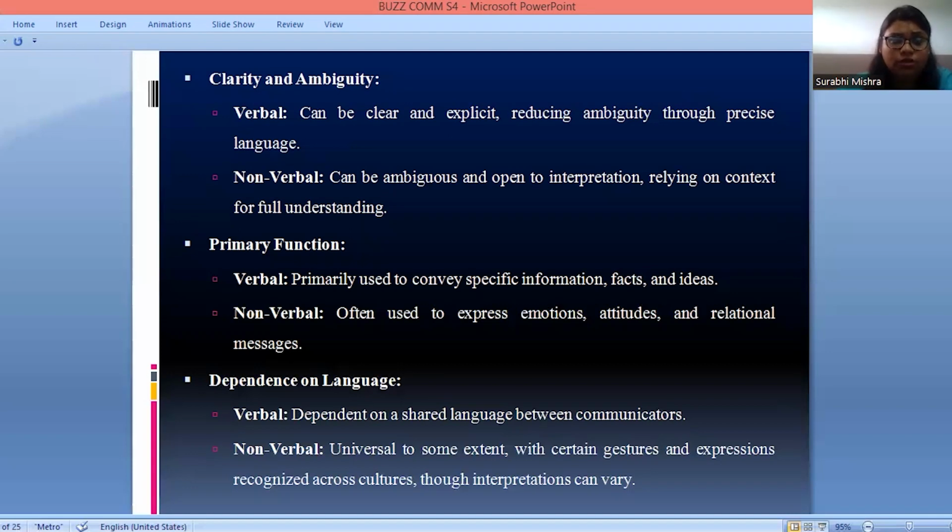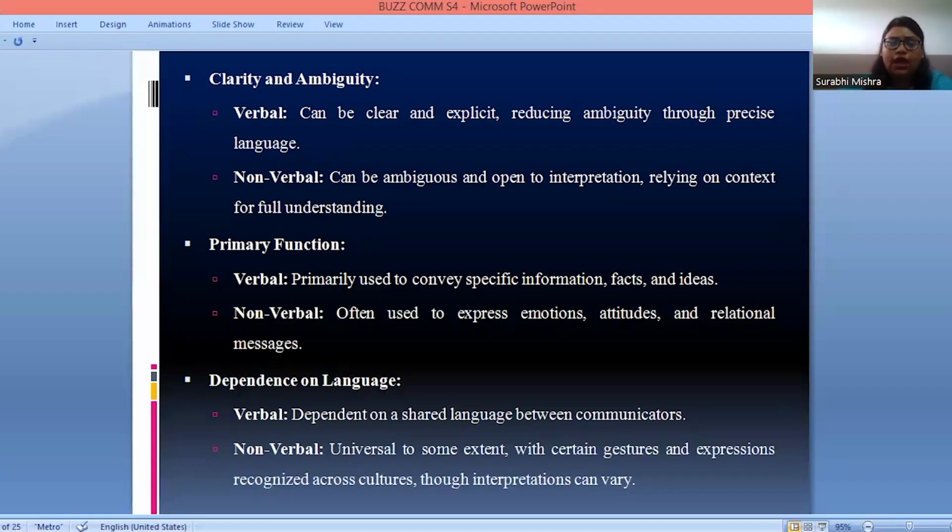non-verbal communication. Coming to the other key difference, function: verbal is primarily used to convey specific information, facts, and ideas. Non-verbal is often used to express emotions, attitudes, and relational messages. Like non-verbal is mostly done in informal groups.